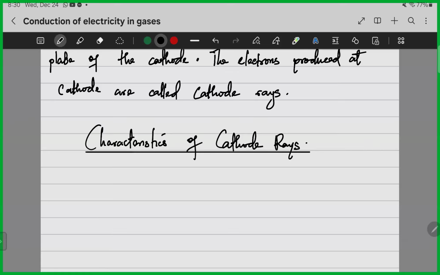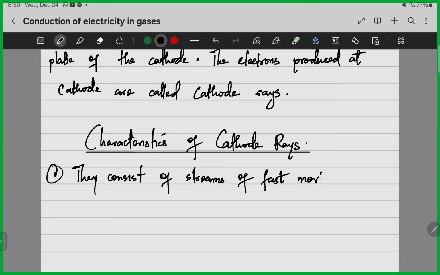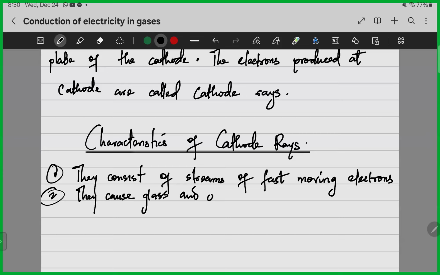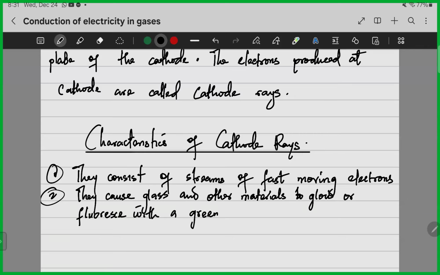Number one, they consist of streams of fast moving electrons. Number two, they cause glass and other materials to glow, or we say fluoresce, with a greenish color.